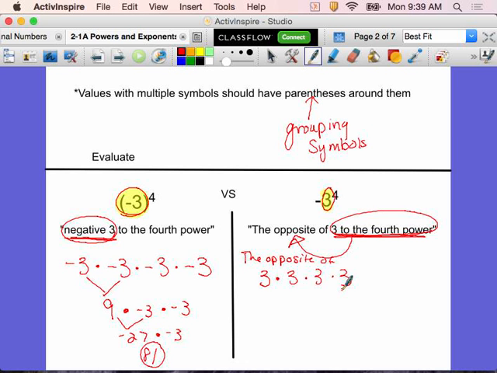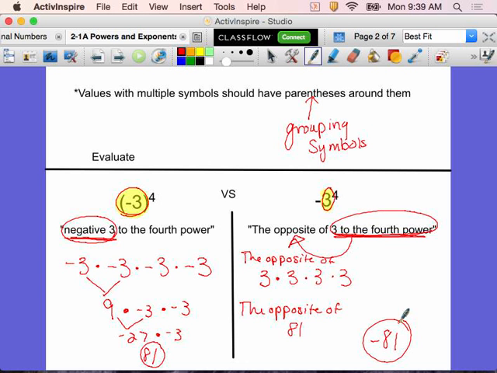The opposite of 3 times 3 times 3 times 3, which is 81. I want the opposite of that, so my answer is negative 81.